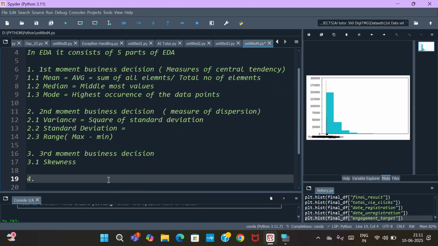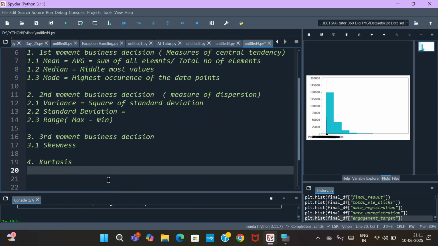And what is the fourth? The fourth is kurtosis. What do you mean by kurtosis?